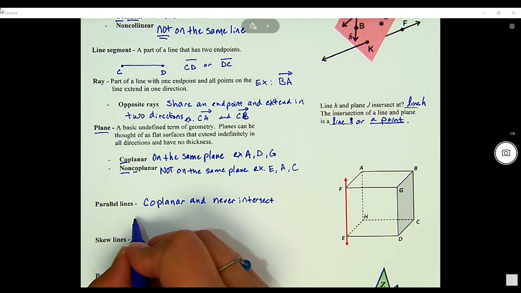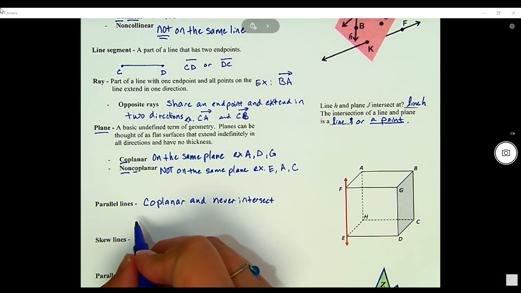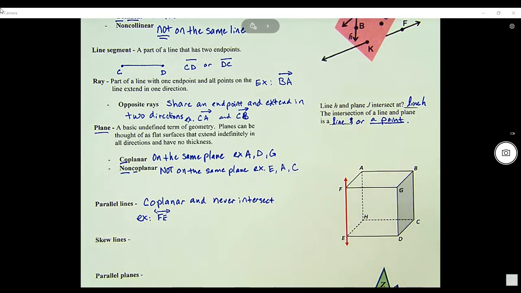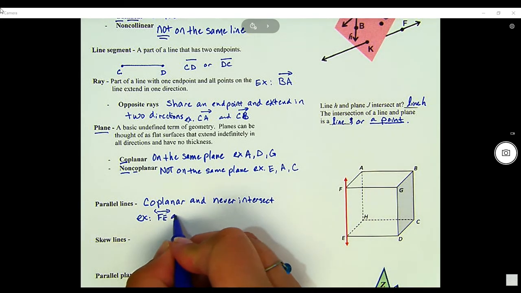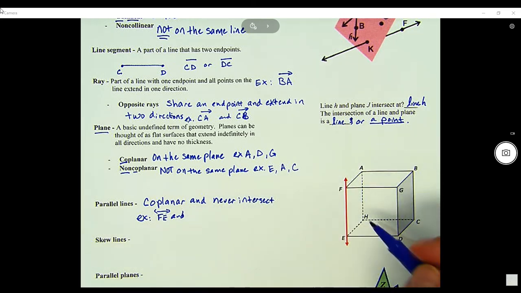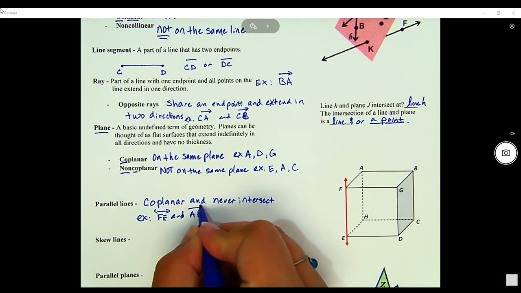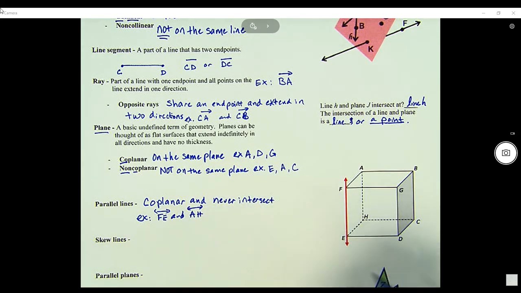So for example, you could say that line FE, that's this red one right here, and line AH are parallel. You can also use the parallel notation.